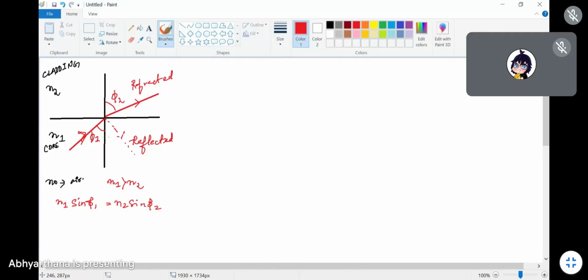Now, as you can see, this angle of incidence phi 1 is less than your angle of refraction phi 2.